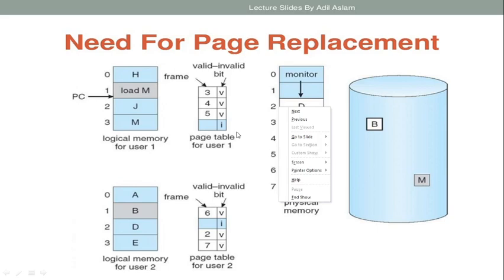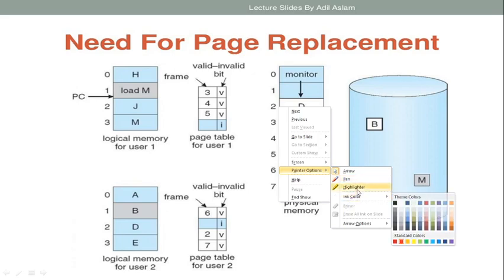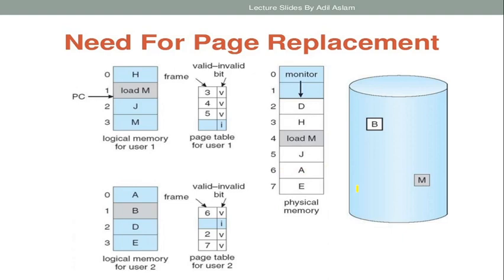Those things are chopped off into blocks, and we call each one a page. So the question is, why do we need a page replacement algorithm? Keep in your mind that it is a technique of virtual memory.